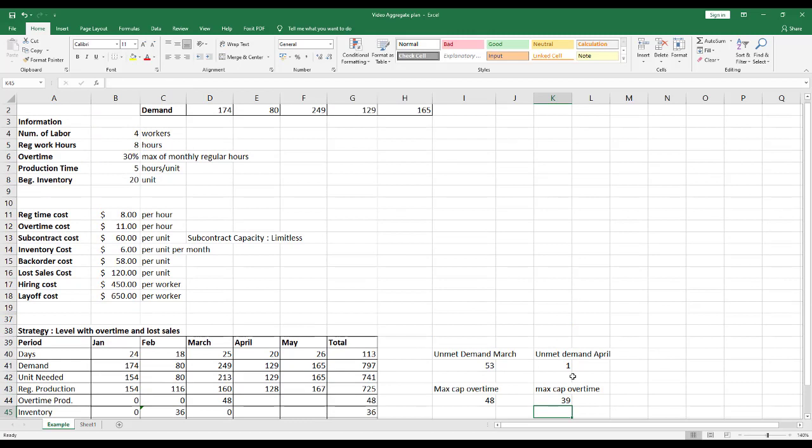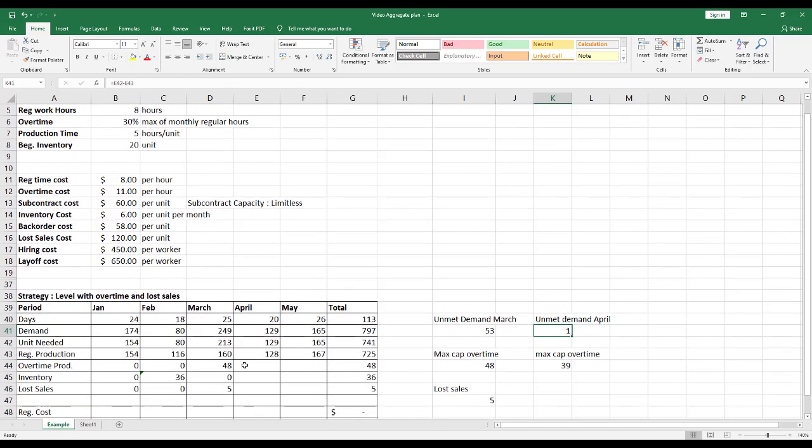Okay, the max capacity for overtime in April is 39 unit, but the unmet demand April is 1 unit, so we use 1 unit just for overtime. Is there any inventory? No, because the regular production and overtime production has met all the demand needed in April, and then there is no lost sales.